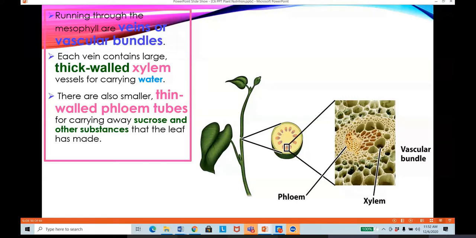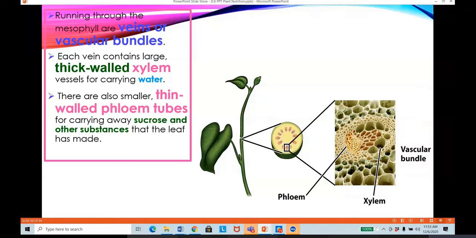Yes, very good. So the byproducts after the process of photosynthesis, like the sucrose and the oxygen and the water vapor, out of which the oxygen is diffused into the atmosphere, and the water vapor and the sucrose are transported through the phloem to the other parts of the plant.